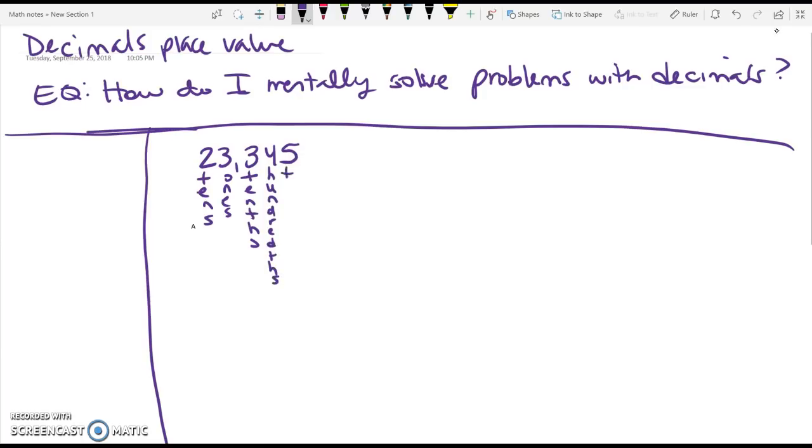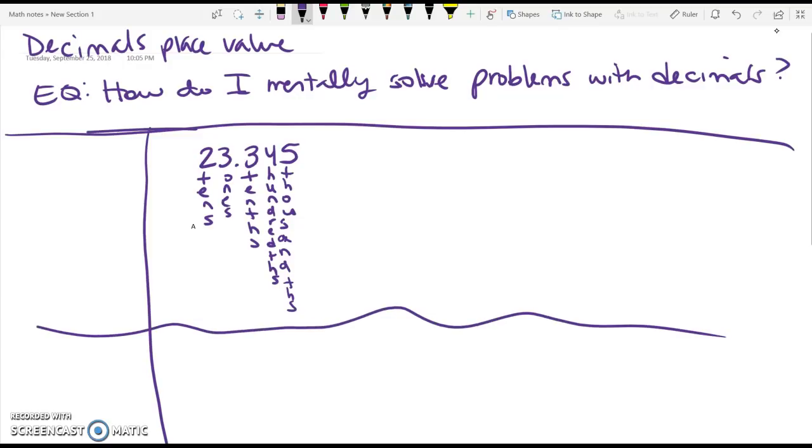And this is the thousandths. Okay, so that being said, sorry, that should be a decimal right here, not a comma. There we go.